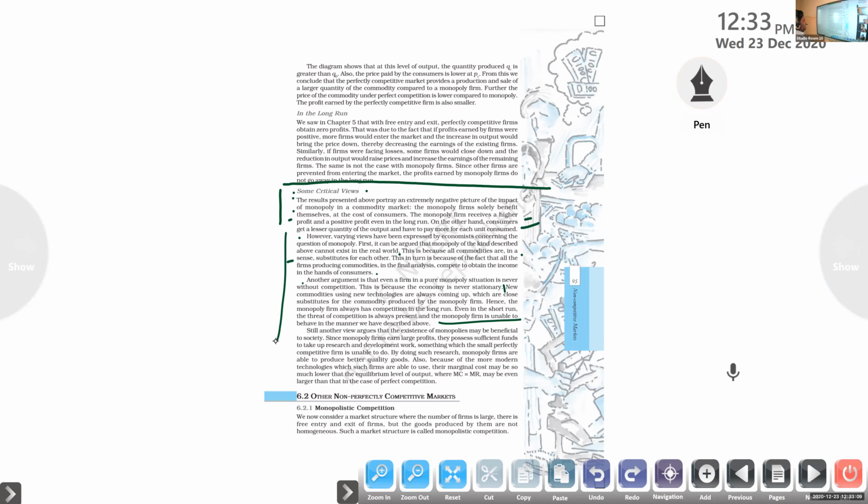That is one argument. Another view argues that the existence of monopolies may be beneficial to society. One argument is that monopoly does not exist, and if it exists, it is not good for consumers. The next argument: monopoly may be beneficial to society since monopoly firms earn large profits. They possess sufficient funds to take up research and developmental work.